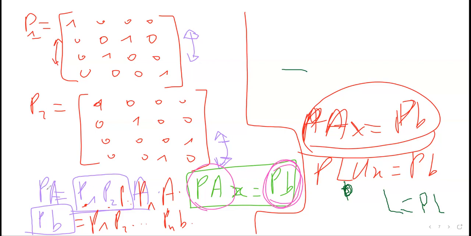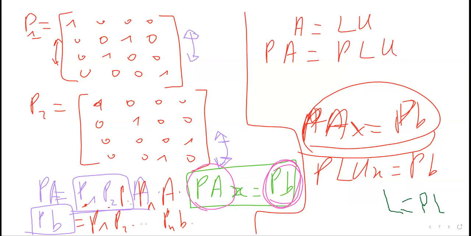So if you do your LU decomposition, then all that you do is that you have your A is equal to LU. But if you have used a permutation matrix, then all we are saying is that all the permutation matrices that you have used, you can still use this as well.